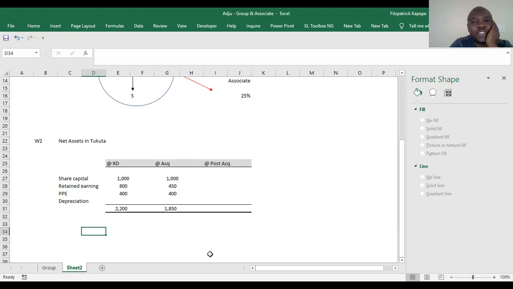Is it 40? Is it 20? Is it 10? Is it 5? It's 14.